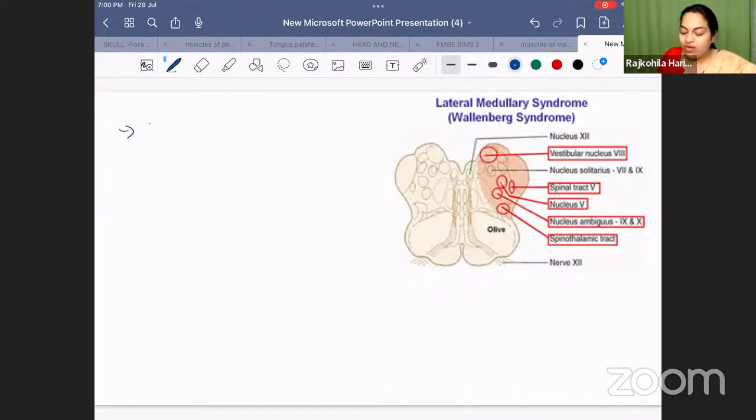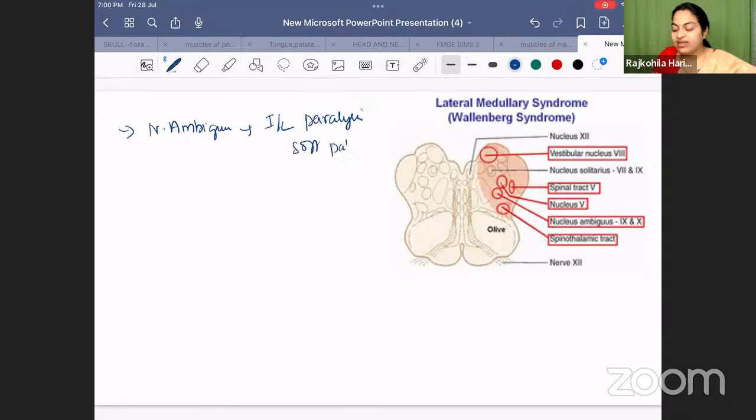So involvement of the nucleus ambiguus, which gives rise to the cranial nerves of the special visceral efferent column, 9, 10, 11, will cause ipsilateral paralysis of the muscles of the soft palate, pharynx, larynx.